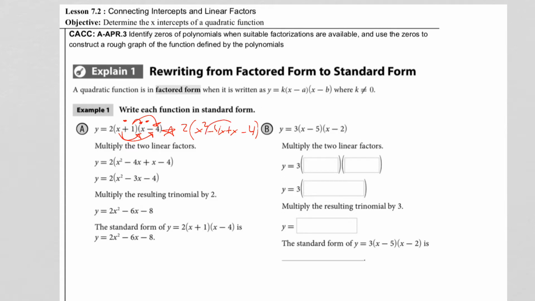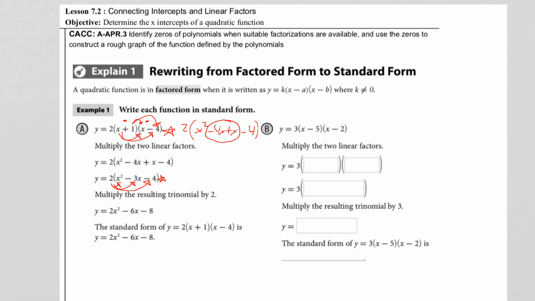But you can combine these terms here, minus 4x and plus x, and you wind up getting this right here.